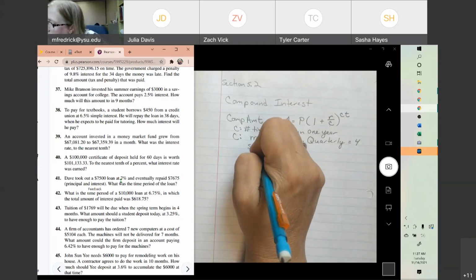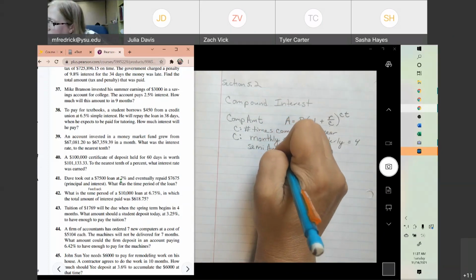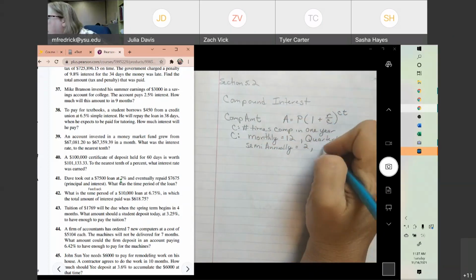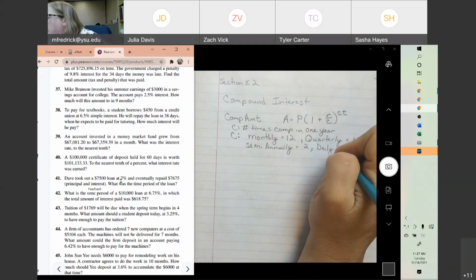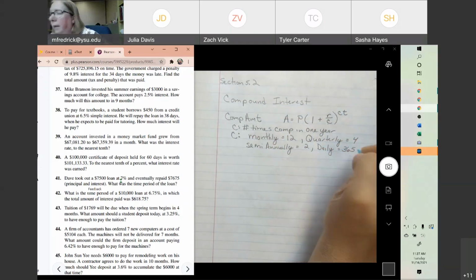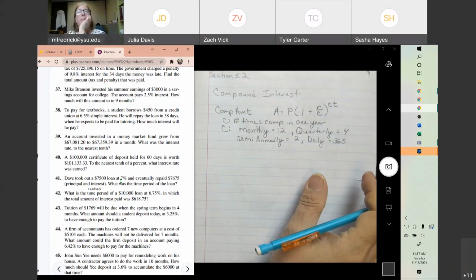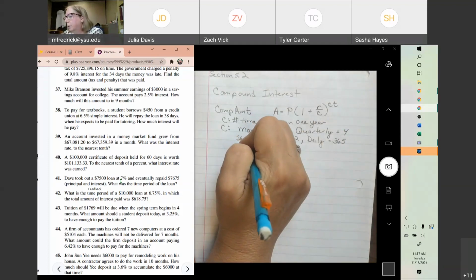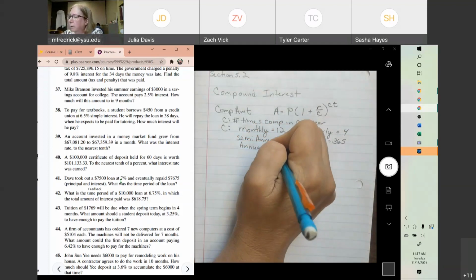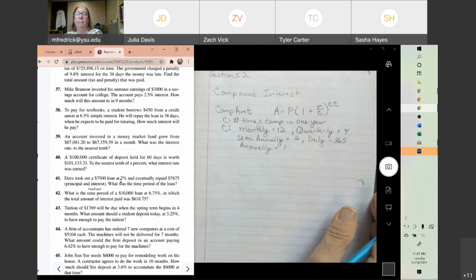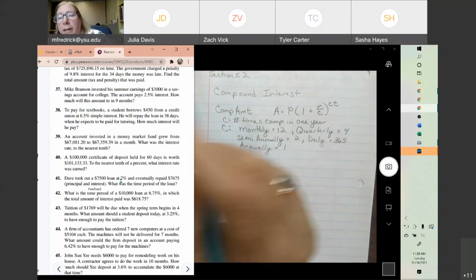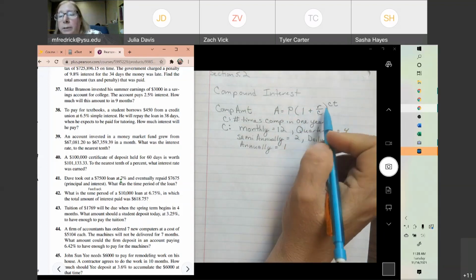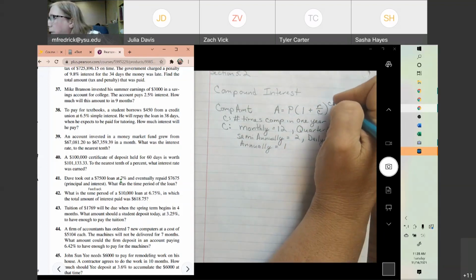Semi-annually would be twice. Sometimes you see daily, which would be 365 unless it says otherwise. Monthly, daily, quarterly. And then annually is 1. That's the most common for C. The other variables are all the same. A is your future value, P is your principal, R is the rate as a decimal, and T is time in years. So the other variables all stay the same.